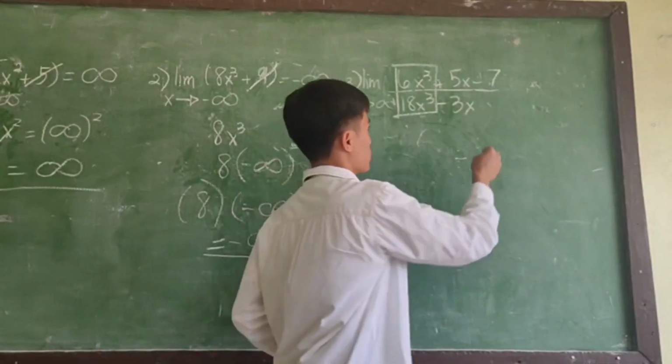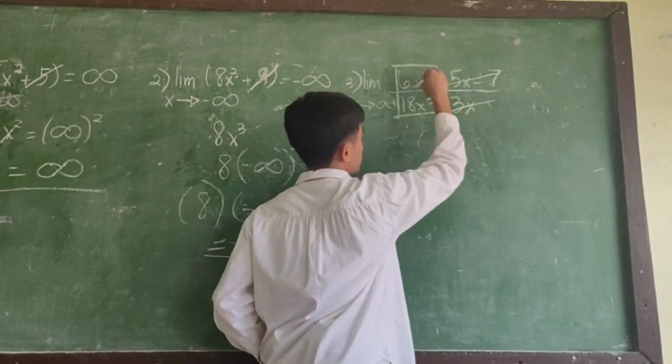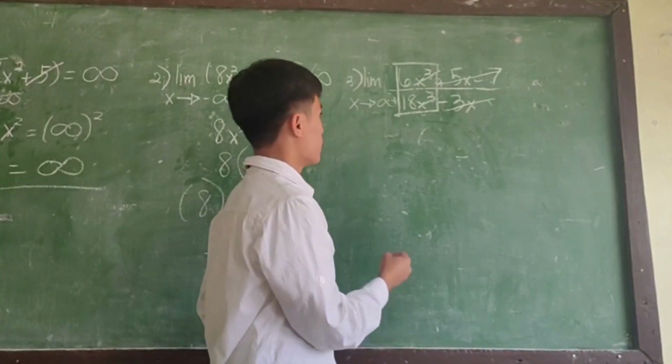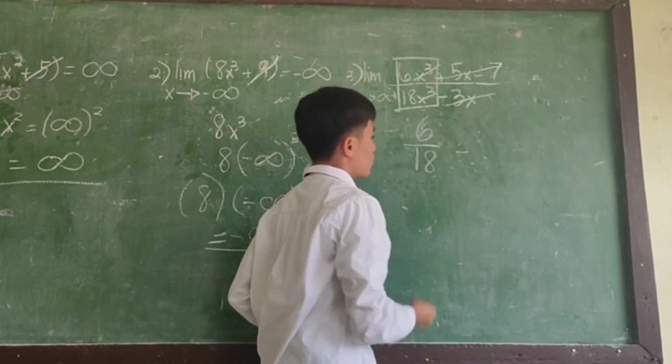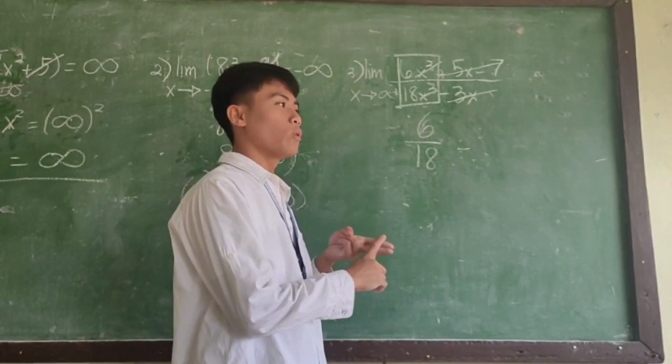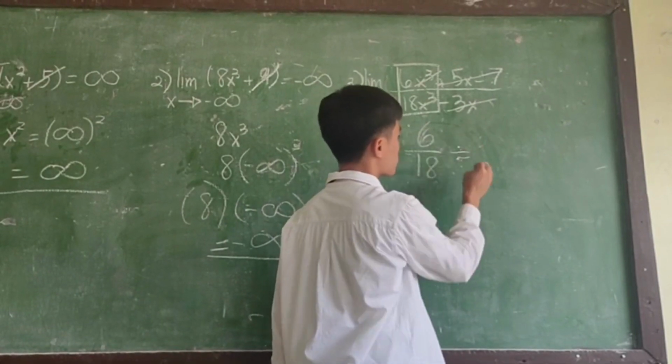So ang mangyayari dito is cancel the rest. And of course, we can also cancel this x cubed kasi parehas naman sila. Then, i-bring down na natin itong 6 over 18. So next natin gagawin is, i-lowest term natin siya.